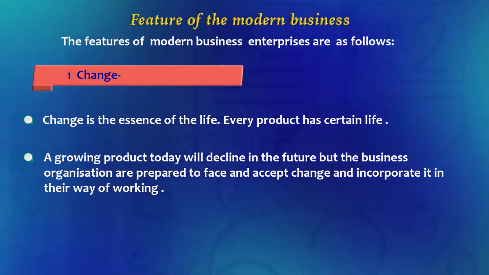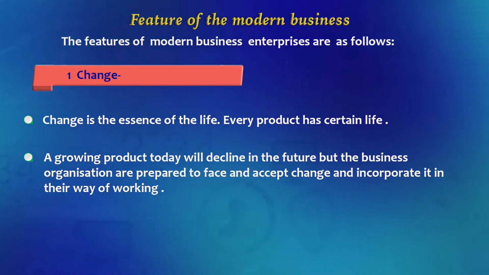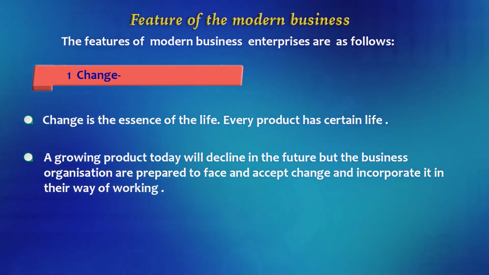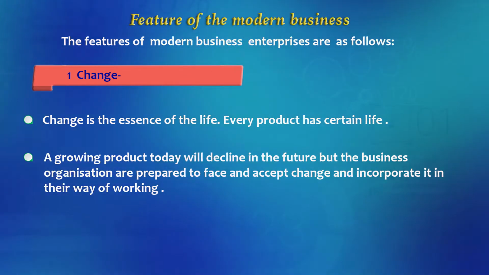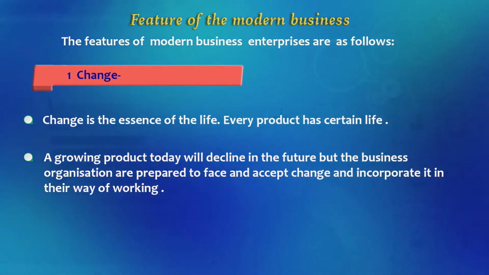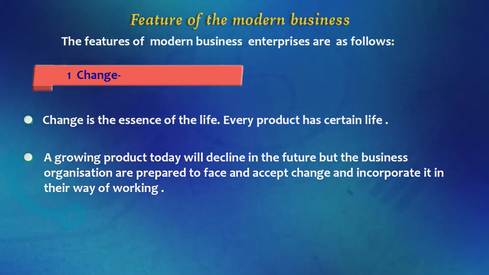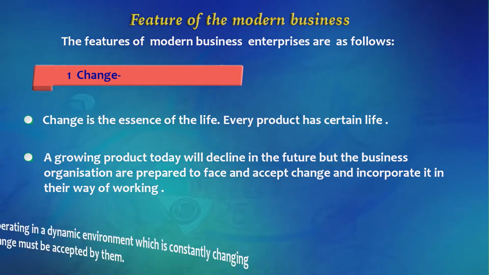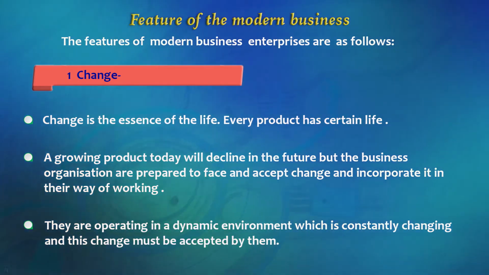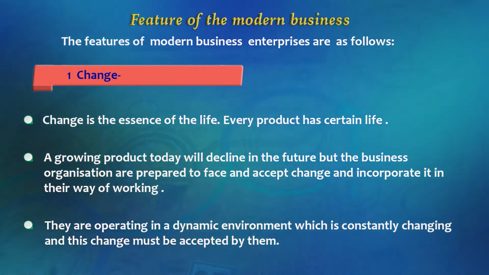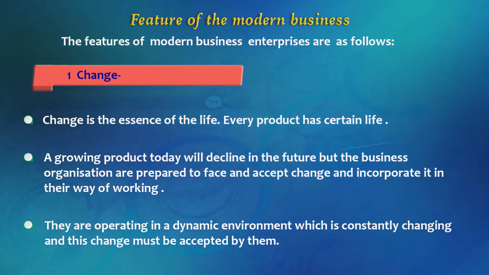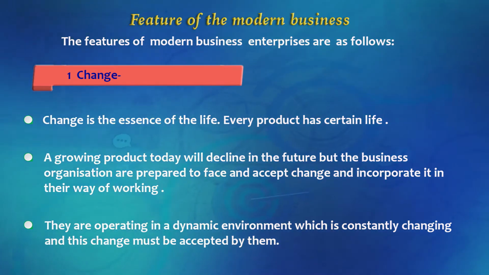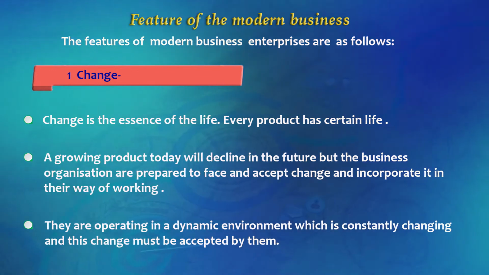A growing product today will decline in the future, but business organizations are prepared to face and accept the challenge and incorporate it in their own way of working. They are operating in a dynamic environment which is constantly changing, and this change must be accepted by them.